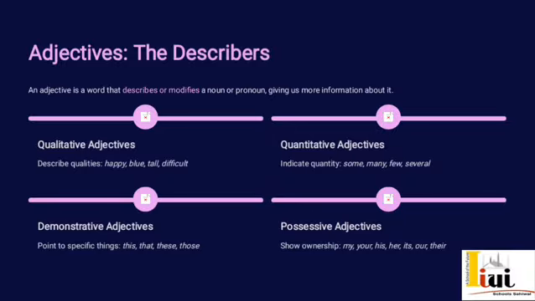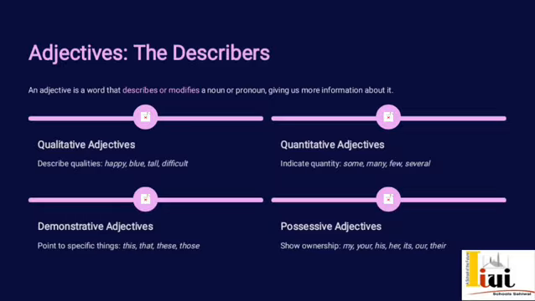Qualitative adjectives describe qualities, for example, big, happy, blue, tall, difficult, etc. Quantitative adjectives show quantity. For example, some, many, few, several.